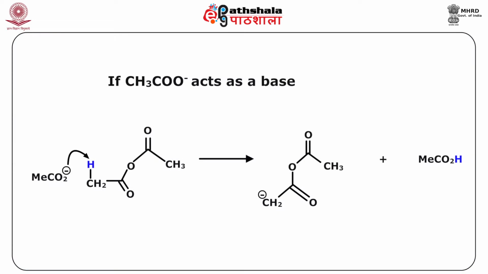When it attacks as a base on the acid anhydride, it will abstract its acidic proton at the alpha position, as you can see here. Note that the alpha hydrogen atoms are made acidic here because of the electron withdrawing nature of the anhydride group. So, it will very well generate the alpha carbanion.